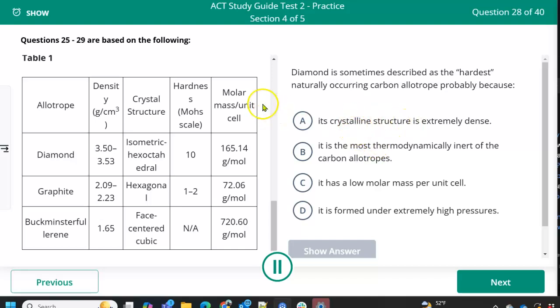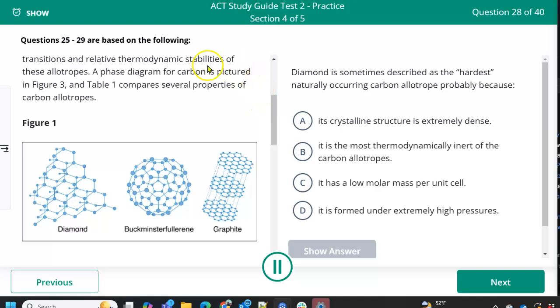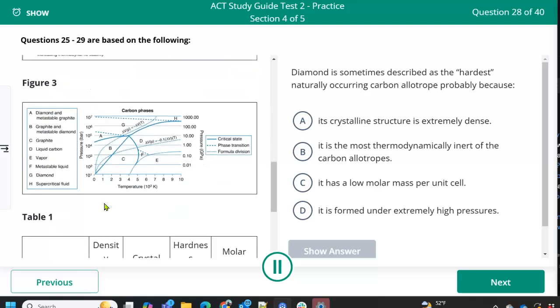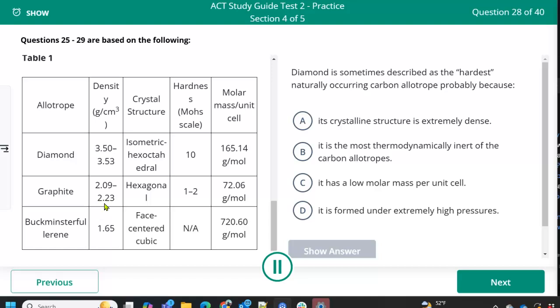So let's take a look at the crystalline structure. It's kind of hard to tell from this. It does seem to be a more, what should we say, a complex interlocking structure. What if we go down here?